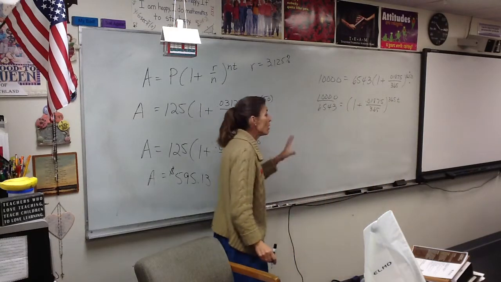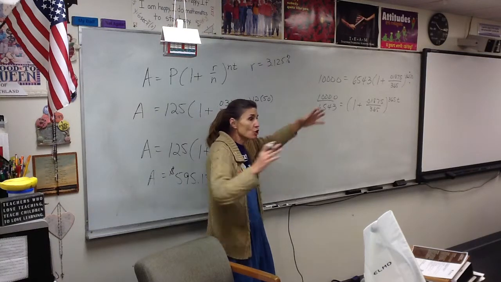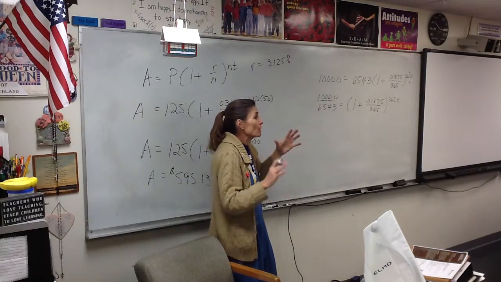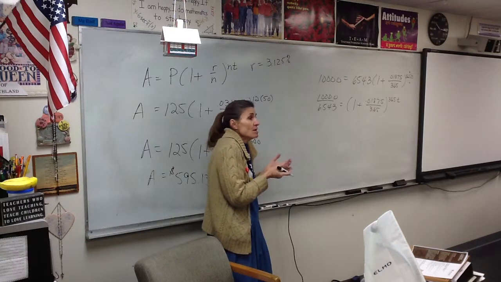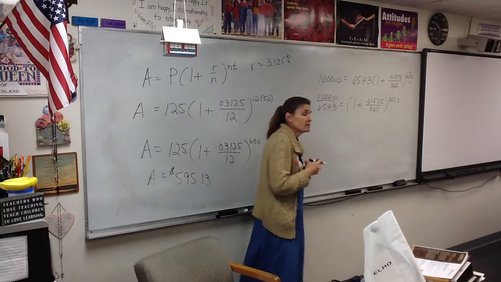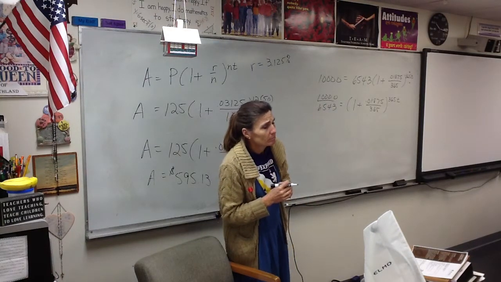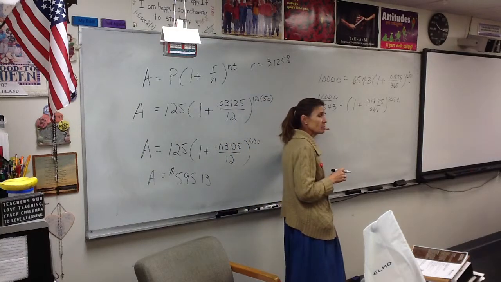Now, I know you look at that and you start panicking because it's so much. Don't worry, we're going to put it in our calculator anyhow, so it doesn't matter. Don't let it freak you out. What do I have to do at this point? Jared, what do I have to do at this point?